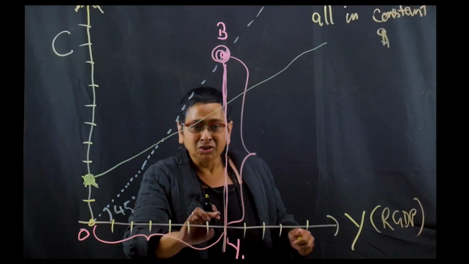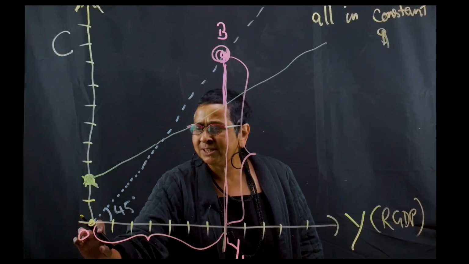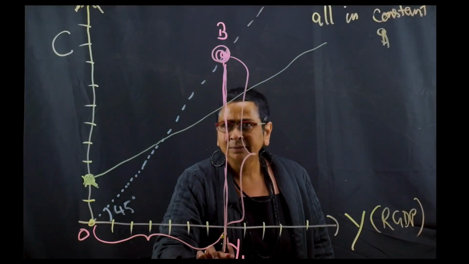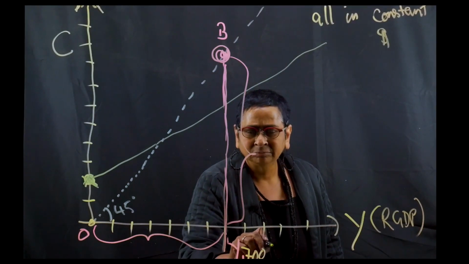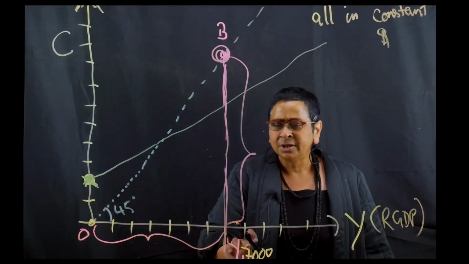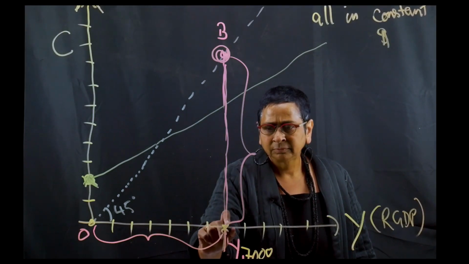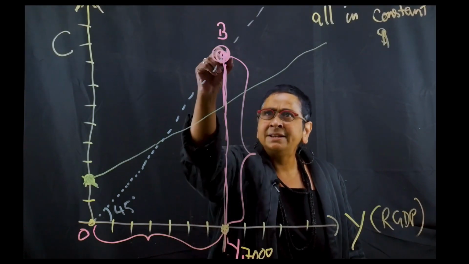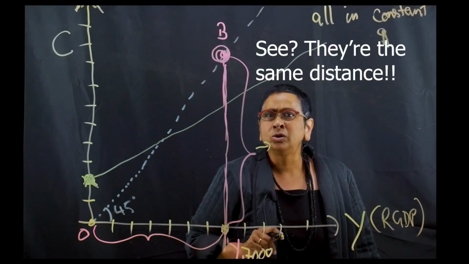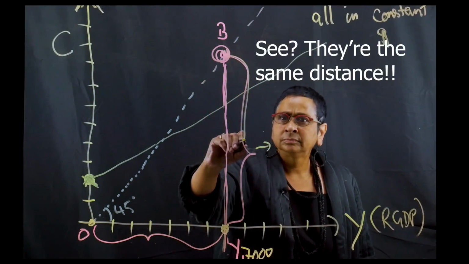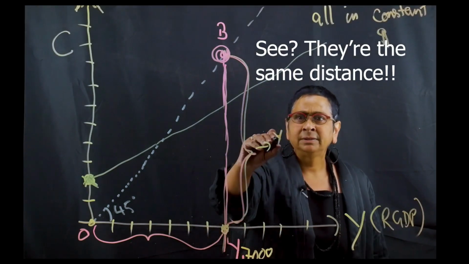I can use the 45-degree line to say that supposing this OY1 is my income level. Let's say this is an income level of 7,000 billion US dollars. That means by definition this distance is also 7,000 billion.